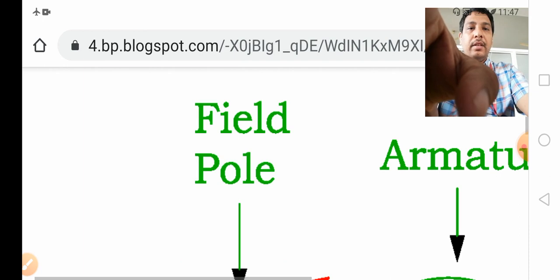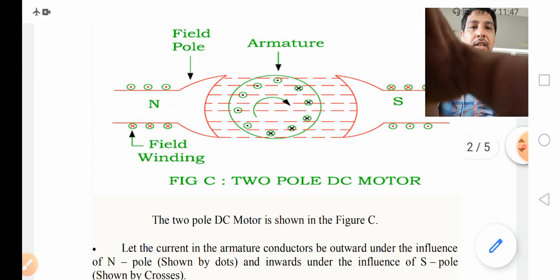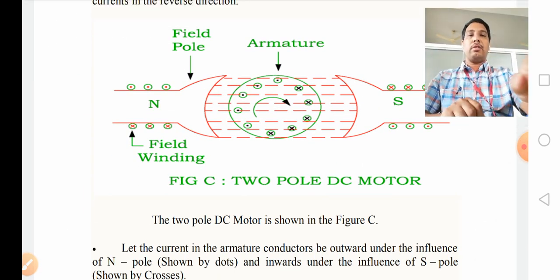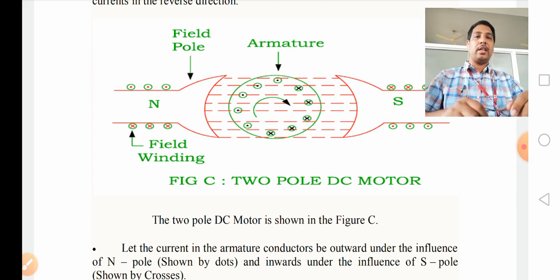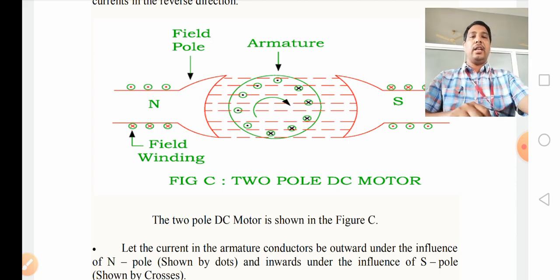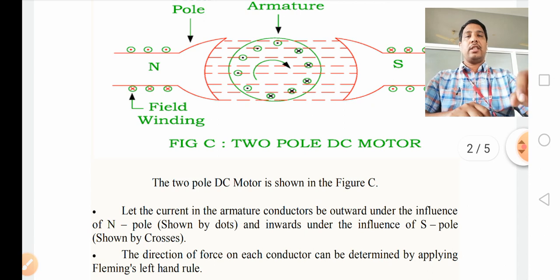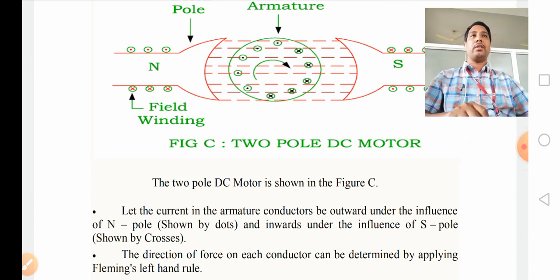This is the rotor part, the armature, taken as conductors. So these are the 2 main important parts we have considered in the case of a DC motor.